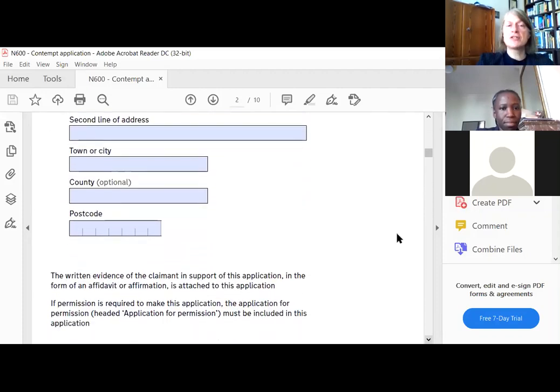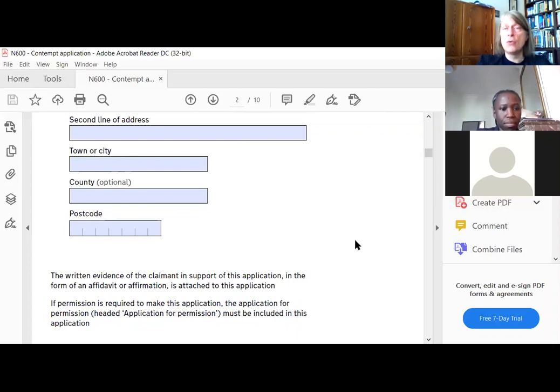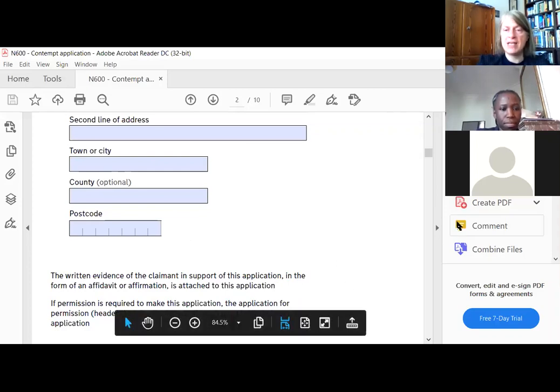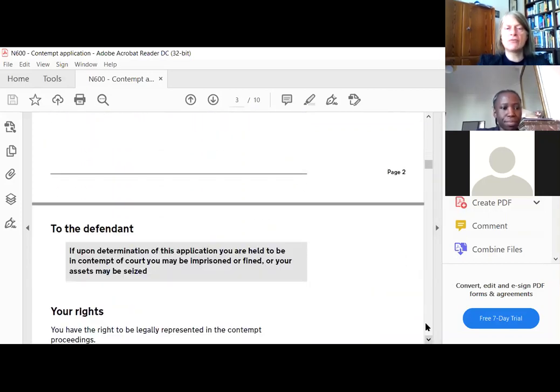But of course, don't just focus on the boxes that you need to fill in, but also the very important reminders of the form as to what you have to do. The written evidence in the form of an affidavit obviously has to be attached to that form.